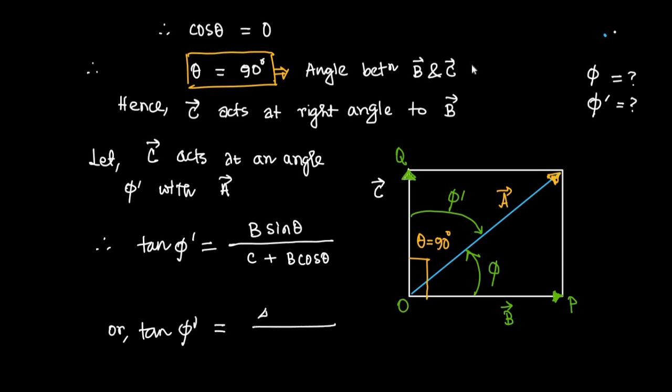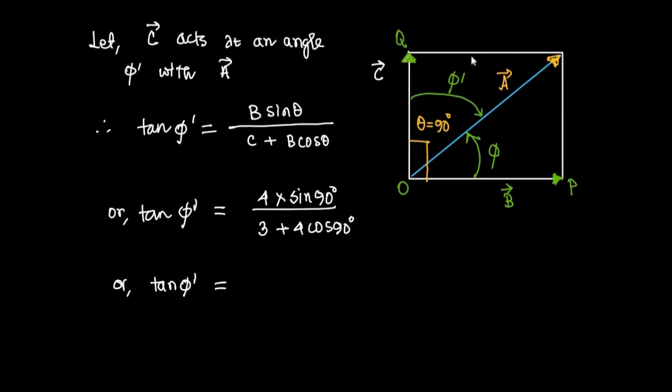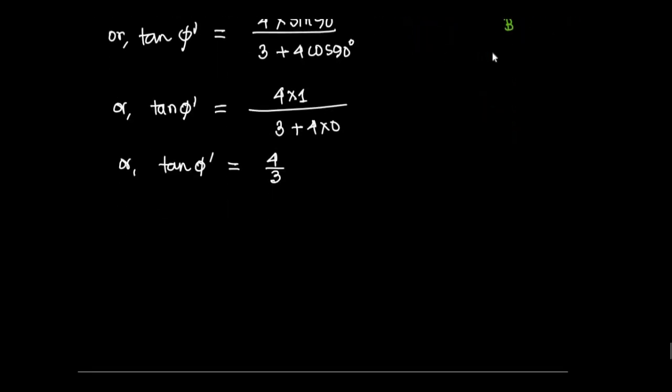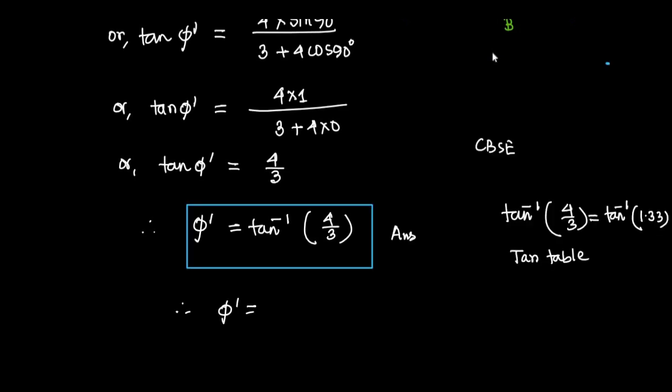Tan phi dash is equal to 4 sin 90 degree divided by 3 plus 4 cos 90 degree, or comma, tan phi dash is equal to 4 into 1 divided by 3 plus 4 into 0, or comma, tan phi dash is equal to 4 by 3. Therefore, phi dash is equal to tan inverse 4 by 3.